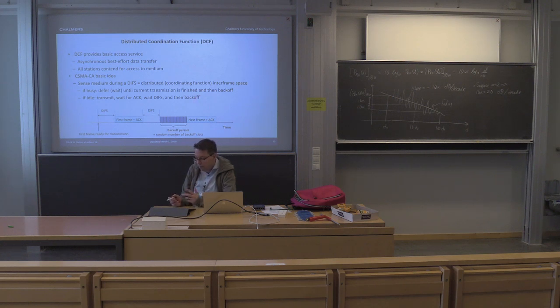So if I'm the only station that's interested in transmitting a frame, and that frame becomes available at this point in time, what do we do then? Well, first of all, we listen to the channel for DIFS. If the channel is not busy, then we transmit the frame, wait for an acknowledgement, and once we receive the acknowledgement, we're done transmitting that frame.